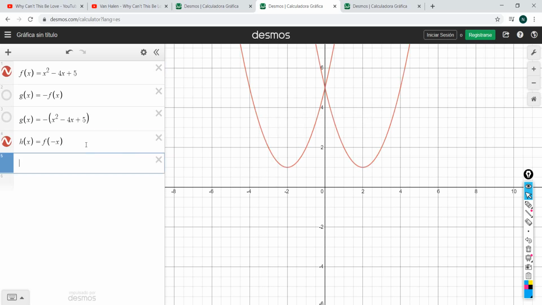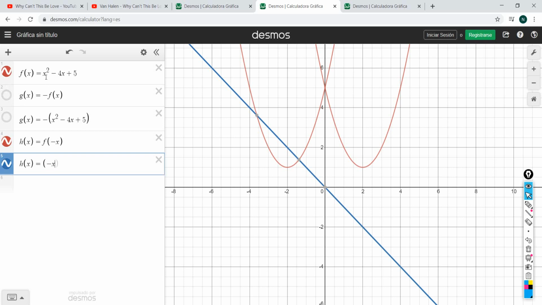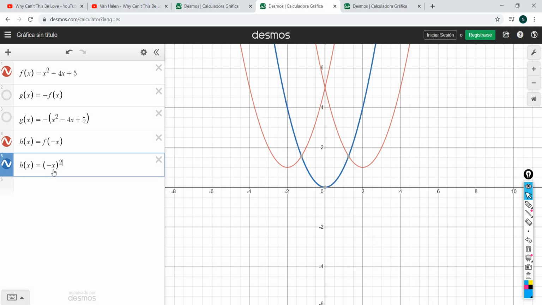And if I want to write the whole expression, all I need to do is write f, but I'm going to place the minus inside the variable, so it's going to look like this: instead of x squared, I'm going to change x for minus x, like so.